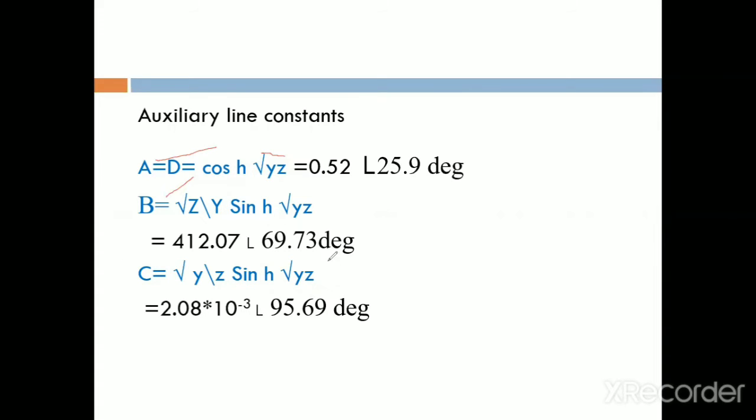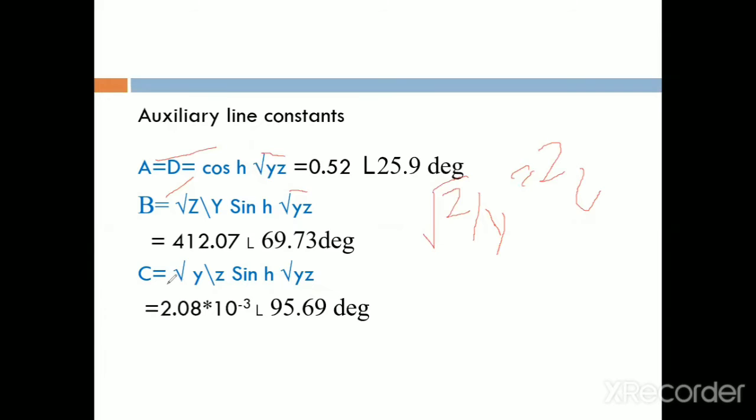Root of z by y is already well known: it is equal to Zc, the characteristic impedance constant. So B is Zc sinh root of yz.